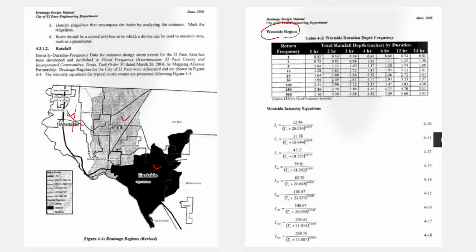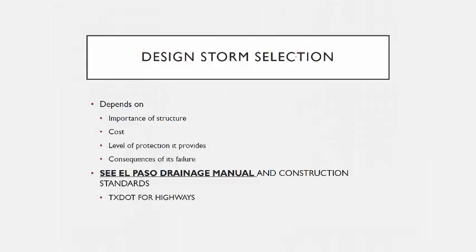So it's a 1 year, 1 hour storm. The depth is 0.43 inches. And so you can find here for a duration of a storm that goes from 1 hour to 24 hours, and then from 1 year to 500 years. We'll look at the intensity equations in a moment, but for now I want you to focus on that depth, and that is found in the drainage manual.